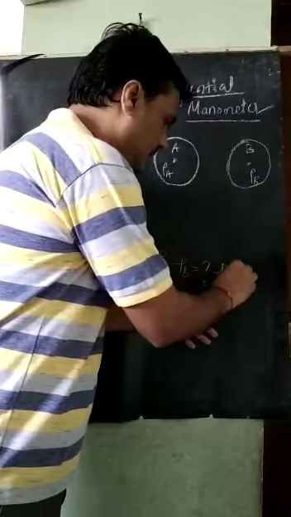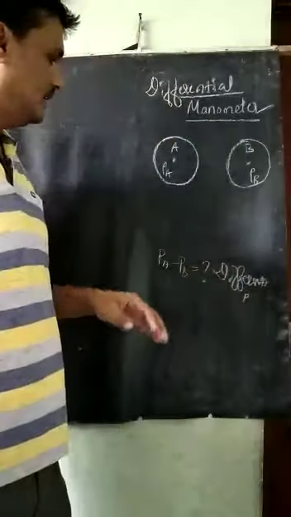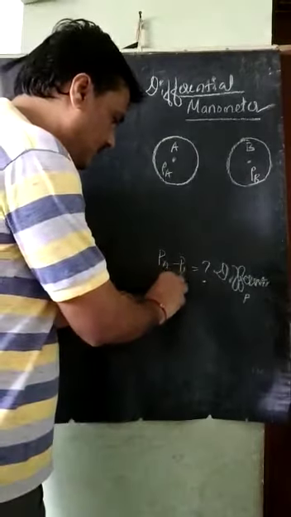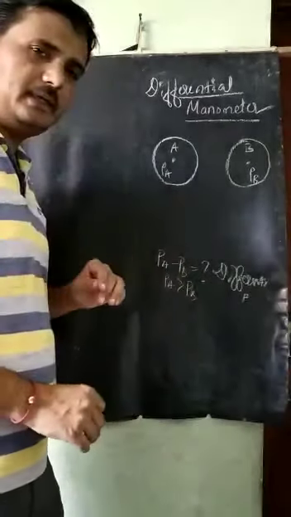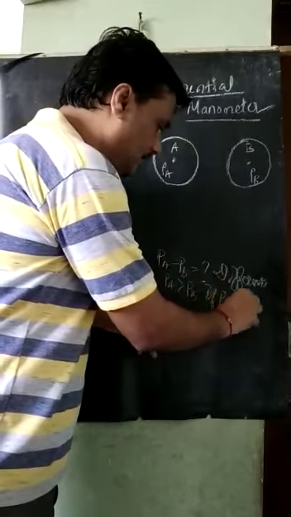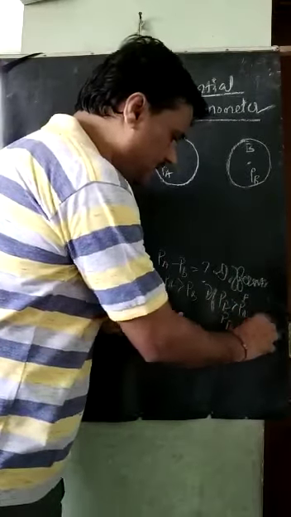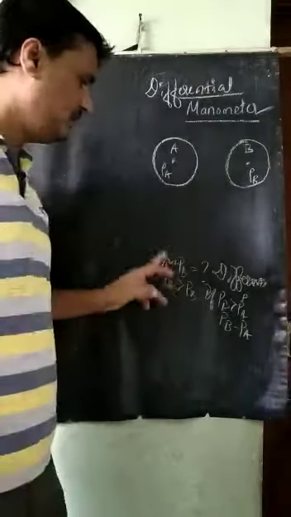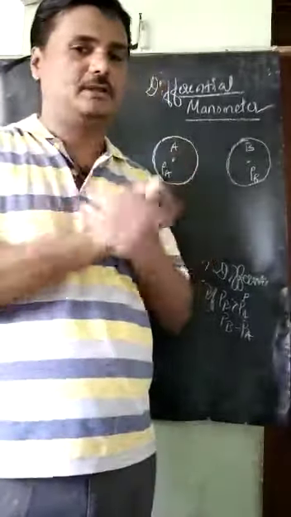If PA is greater than PB, then PA minus PB. If PB is greater than PA, then PB minus PA is the differential pressure. That is, we take the difference between these two pressures, called the differential pressure.